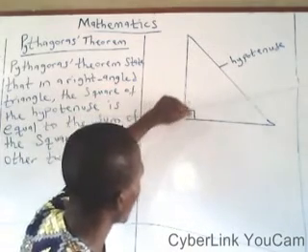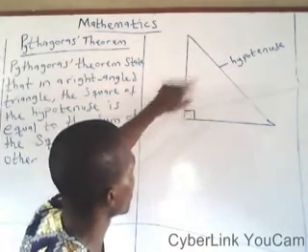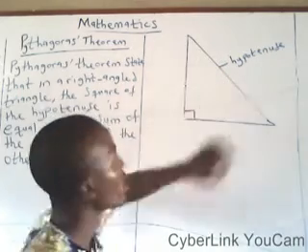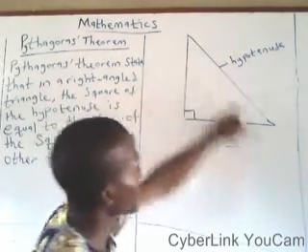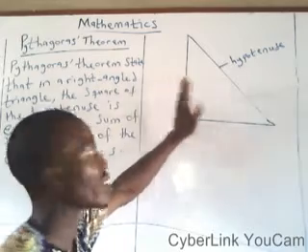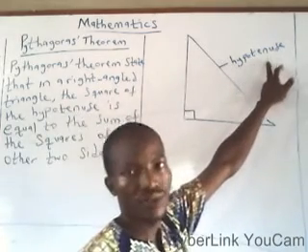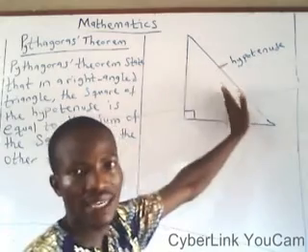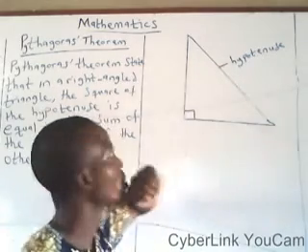This angle shows that the triangle is a right angle triangle. The longest line in this right angle triangle is referred to as the hypotenuse. In that case, the hypotenuse is the longest line in a right angle triangle.